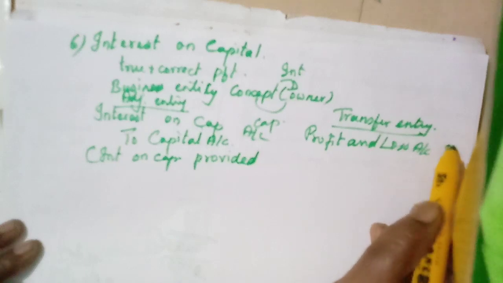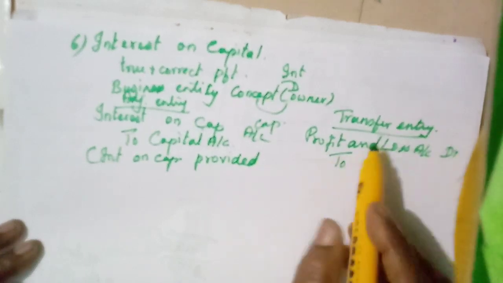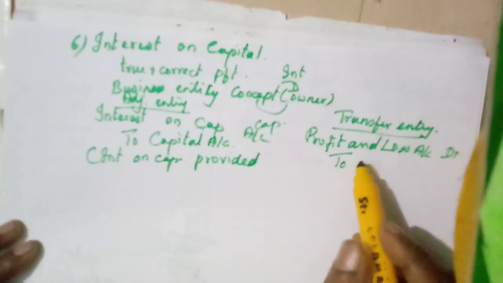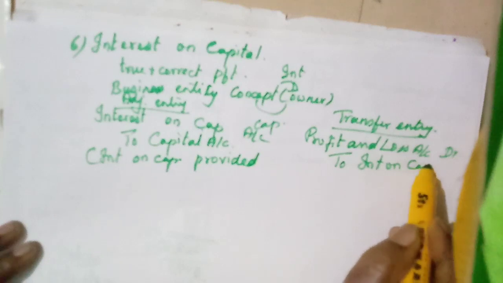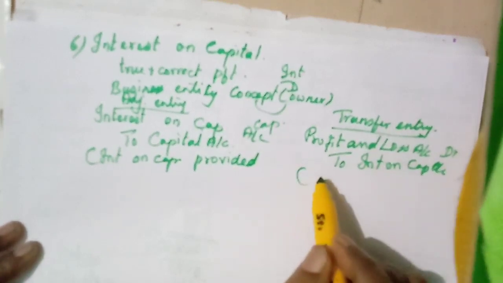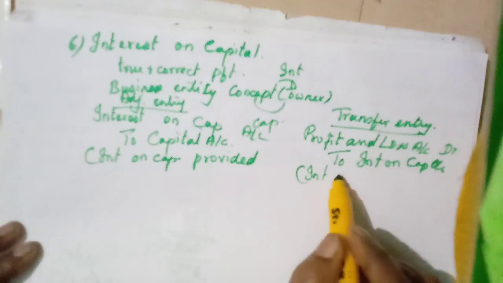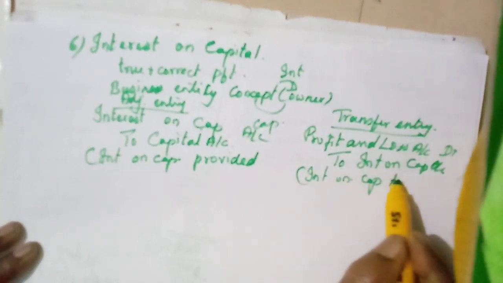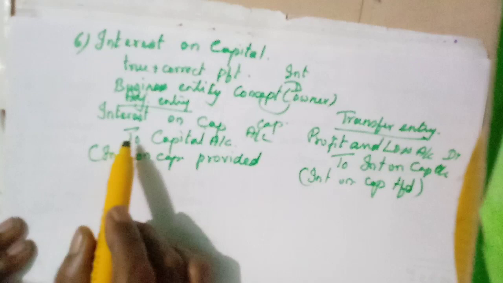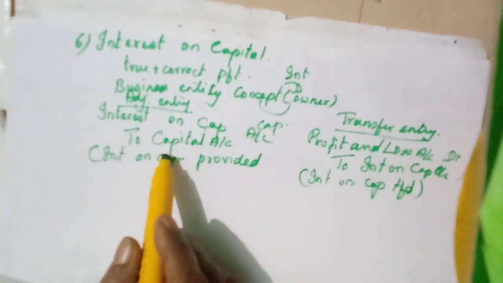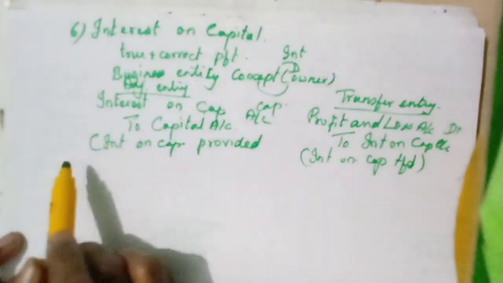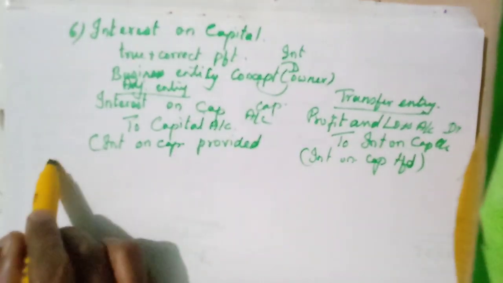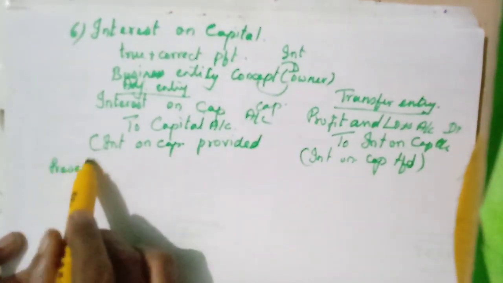Profit and loss account debtor to interest on capital account. Then interest on capital transferred. Okay, two entries. One is the adjusting entry, the other is the transfer entry. Interest on capital adjusted and transferred.